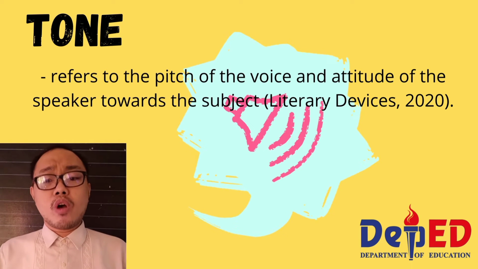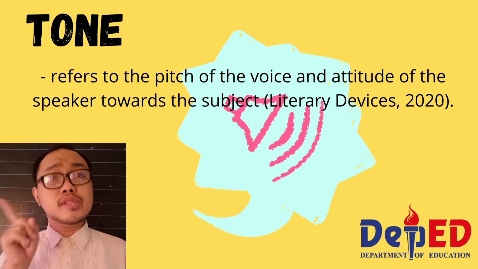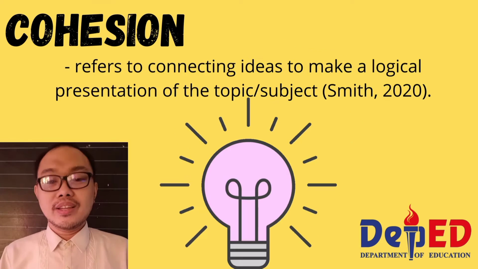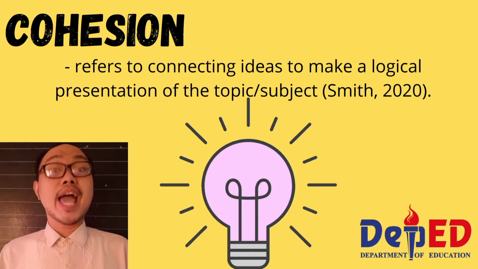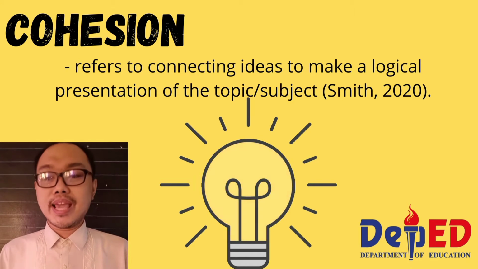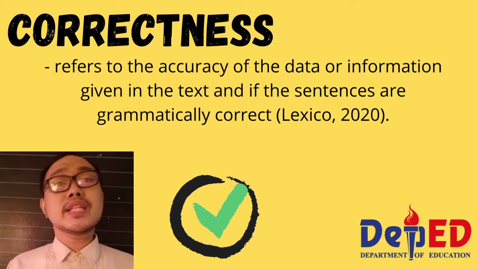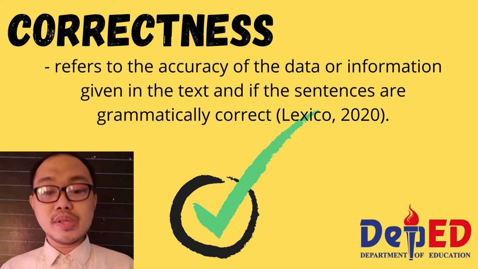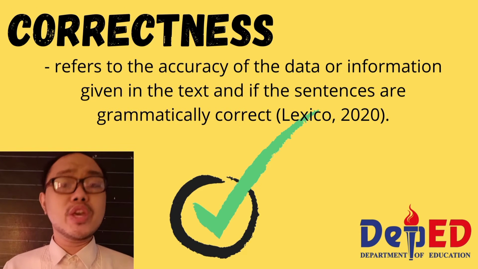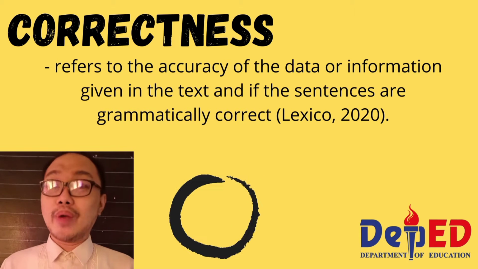It refers to the pitch of the voice and attitude of the speaker towards the subject. Third, cohesion. It refers to connecting ideas to make a logical presentation of the topic and subject. Lastly, we have correctness. It refers to the accuracy of the data or information given in the text and if the sentences are grammatically correct.